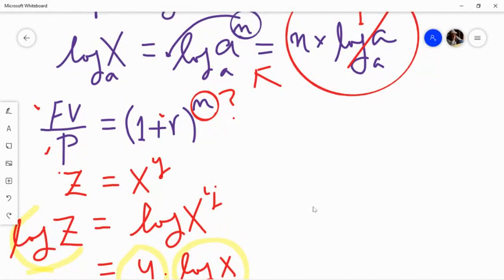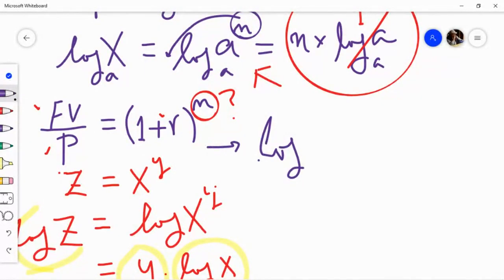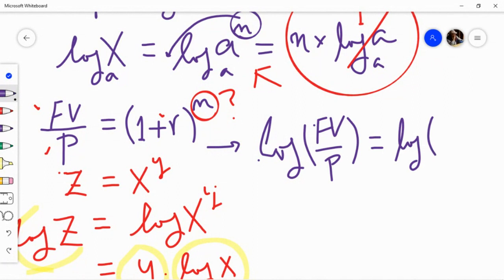If you take common log of these numbers, you'll take log of FV over P, and on the right-hand side, you'll take the log of 1 plus r raised to n. And then, thanks to the properties of log, the right-hand side can now be turned into n times log of 1 plus r.